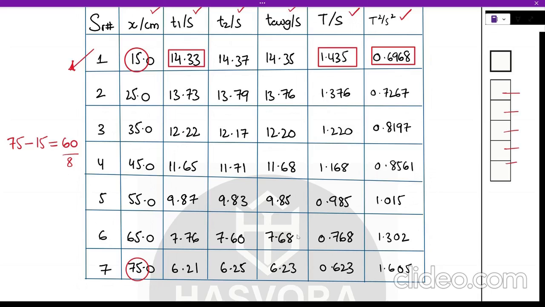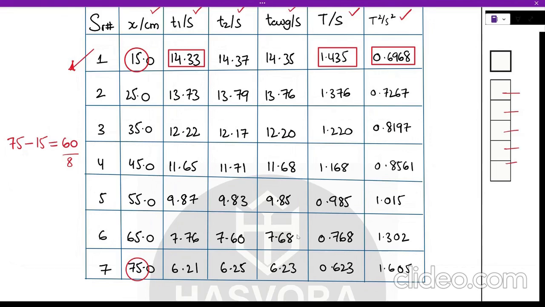Now, whenever you are plotting the graph, how are you going to find how much one block should represent? You subtract the lowest value from the highest value on your x-axis. For example, for my x in centimeter, the highest value is 75 and the lowest is 15.